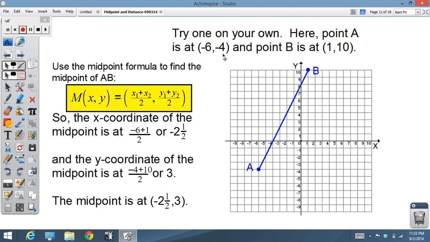Y coordinates, -4 and 10, average them out, I get 3. So midpoint is at -2.5, 3. We got it. Okay, easy enough. Makes sense, I hope. Good.